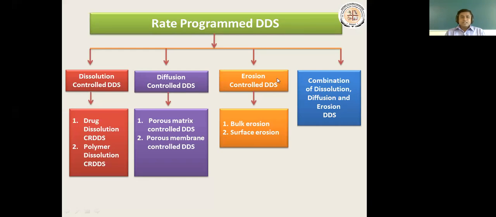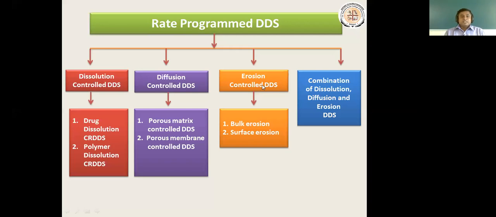These rate programmed drug delivery systems are classified on the basis of release of the drug from the formulation. So on the basis of the mechanism by which the drug is released, it gets classified. These are the main 4 classes of rate programmed drug delivery systems.